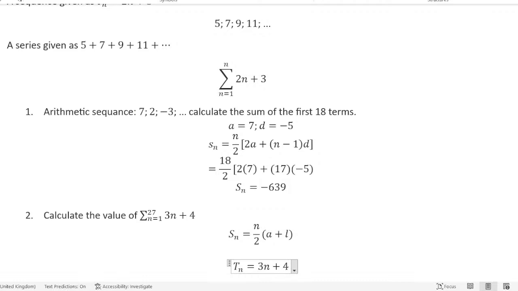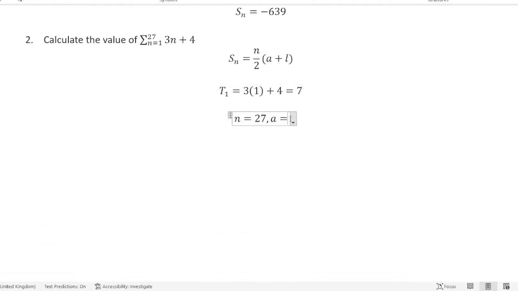That is the value of Tn. So T1 will be 3 into 1 plus 4, that will be 7. So T1 will be 7, and here we have the value of a as 7. So we have everything. Now let's start by substituting.